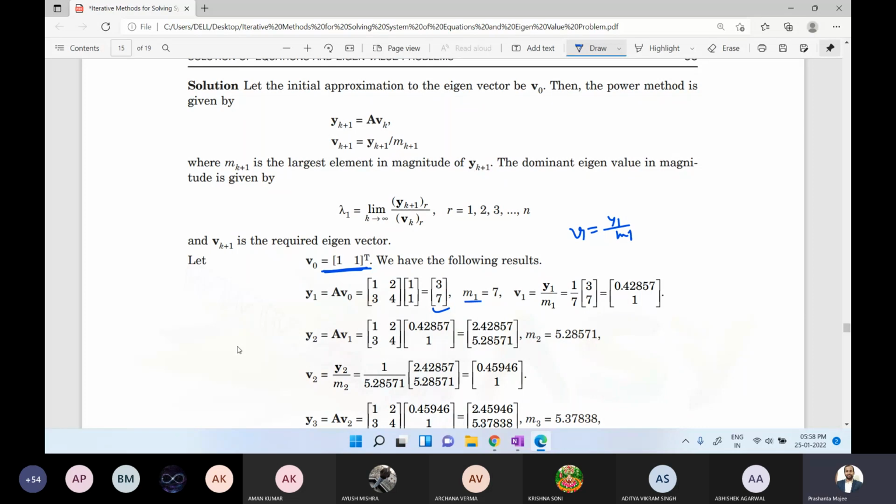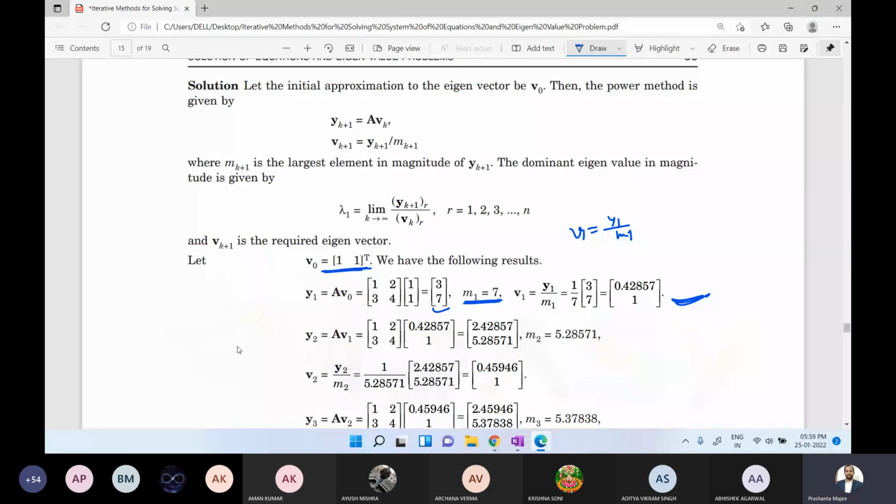So what is the next approximate eigenvector? V1 is y1 by m1. So this is 1 by 7 into 3 7. So you are getting this. Next, what will be y2? y2 will be A into v1. A is the matrix 1 2 3 4, into v1, where v1 is 0.428571, 1.